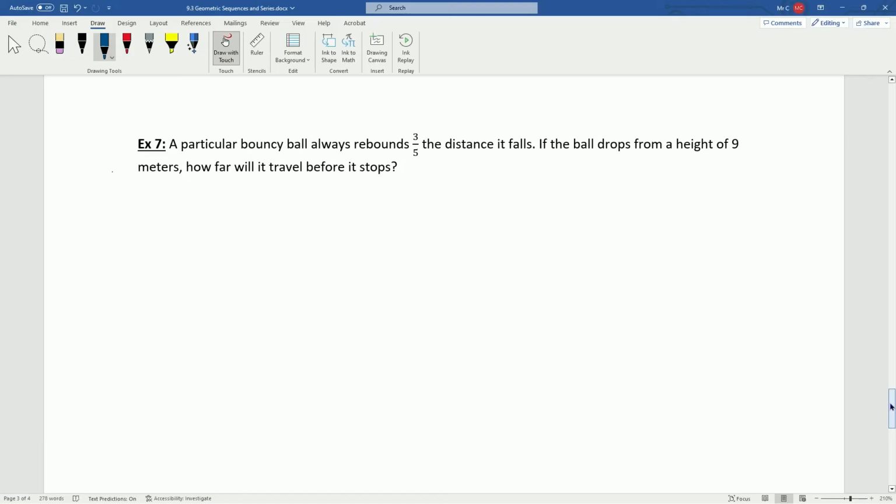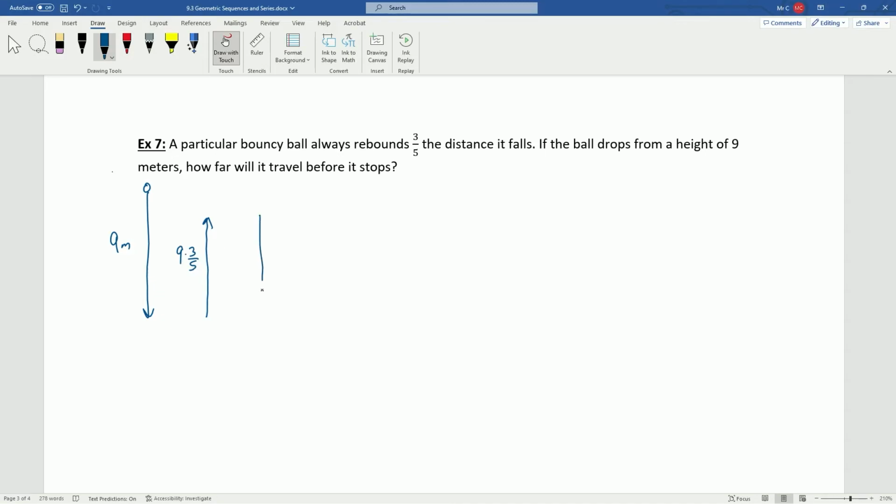So let's go ahead and draw a picture and see if we can make this thing a little solvable. We imagine this ball drops and falls 9 meters. And then when it bounces back up, it bounces back up 3/5 of that 9 meters. So I've multiplied my 9 meters by 3/5.